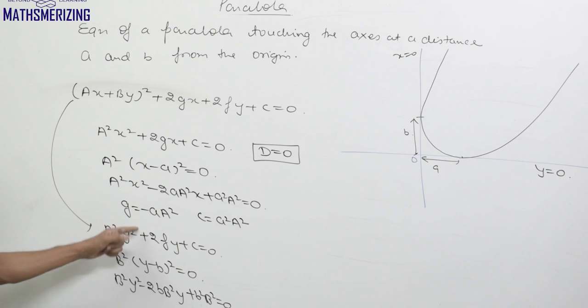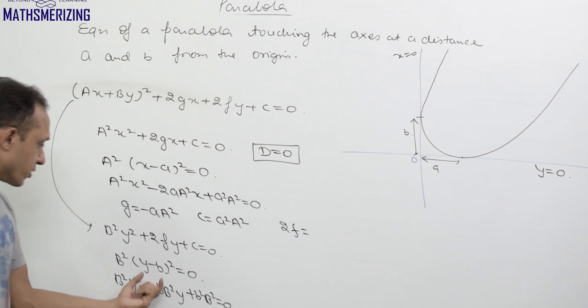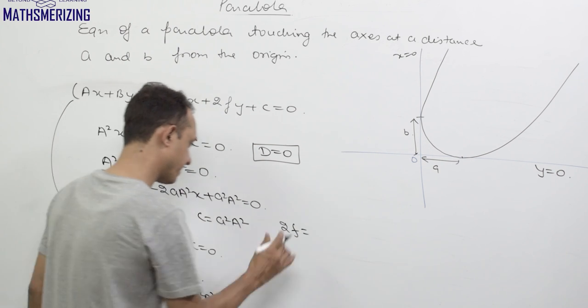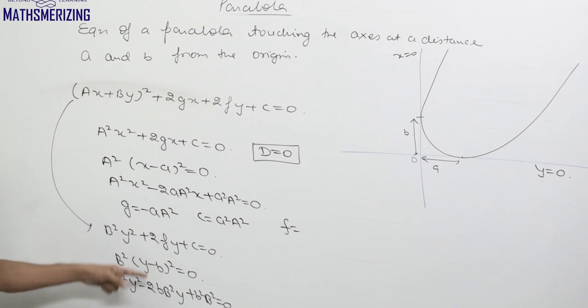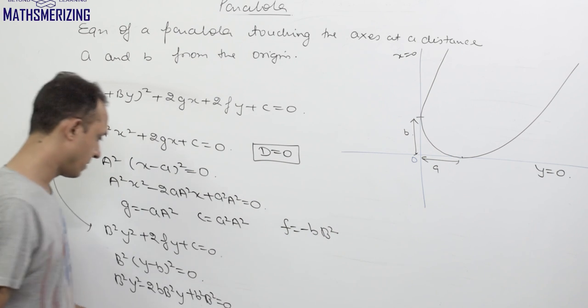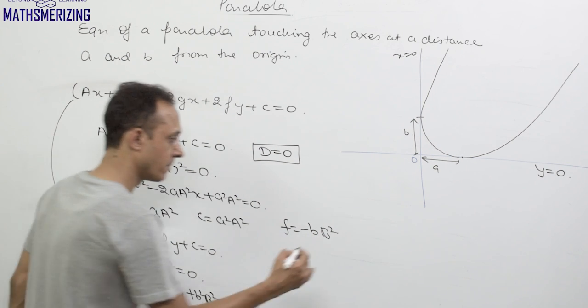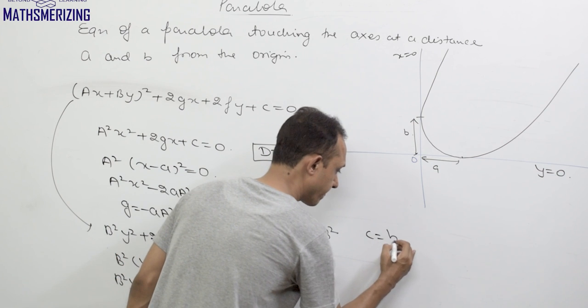So we'll compare the two equations, then we can get f equals minus b into b square, and c is b square into b square.